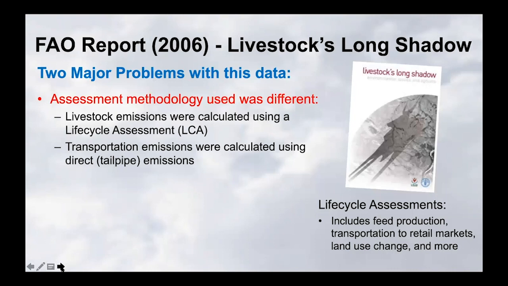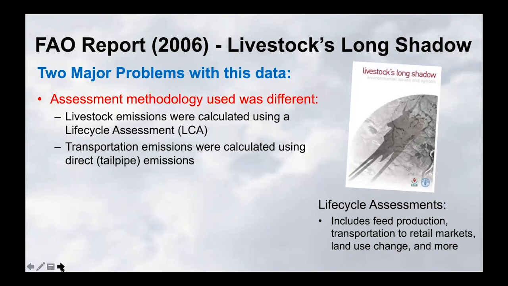There's two problems with this one. So if you hear these comments, first off, the methodology that they used for the assessment was different. They used the life cycle assessment for calculating livestock emissions. So they went clear back to the emissions that would be produced as you produce the feed. They actually even also charge in there the emissions from the changes in land use.